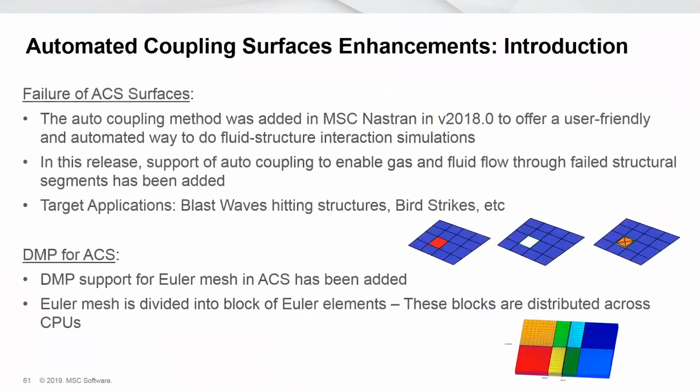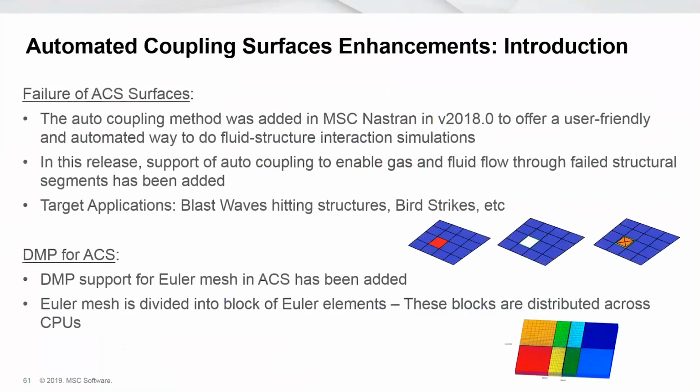So automated coupling surfaces, as I mentioned, we added in version 2018.0. It's a user-friendly and automated way to do fluid structure interaction simulations in Solution 700. We also support automated coupling for failure surfaces.